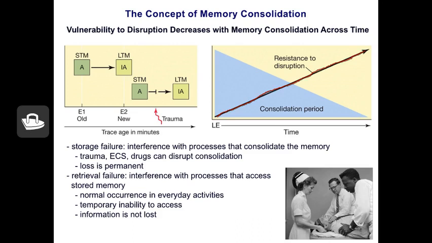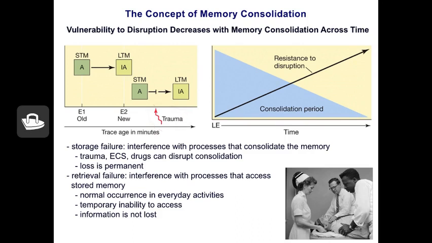The chart on the upper left illustrates that if a traumatic event occurs during the consolidation period, then the transfer of the early labile form to the enduring stable form is disrupted.